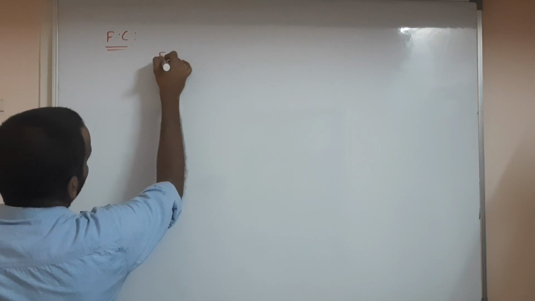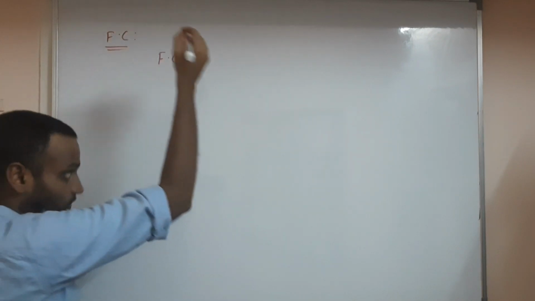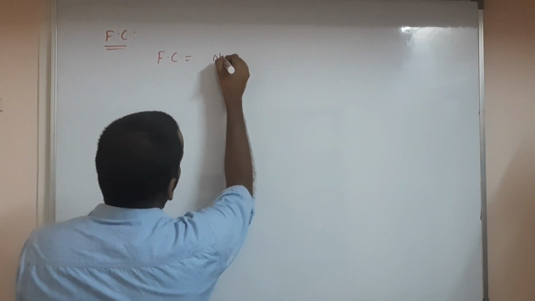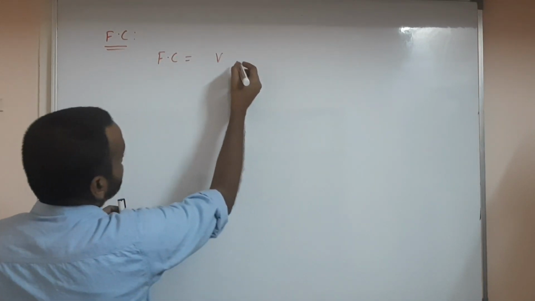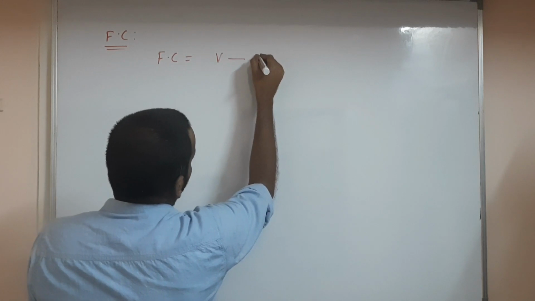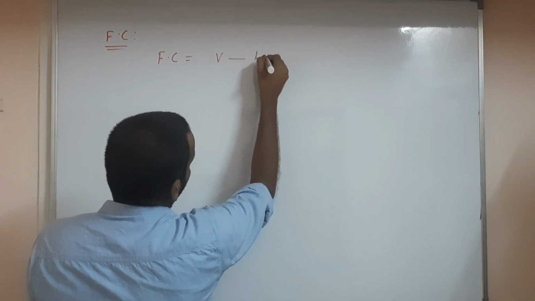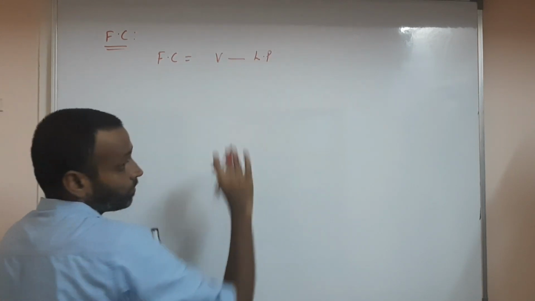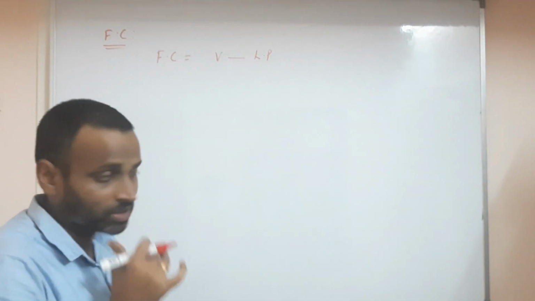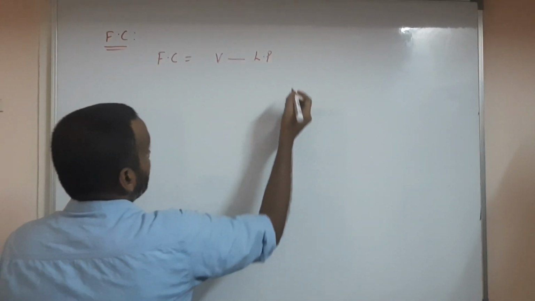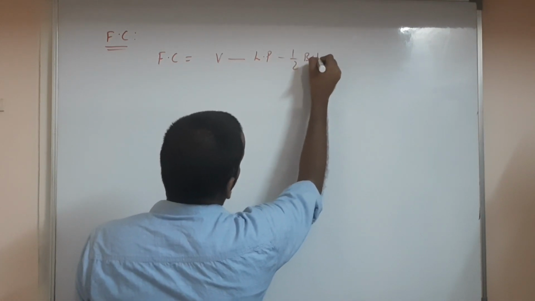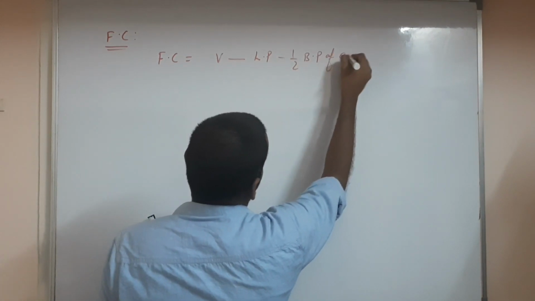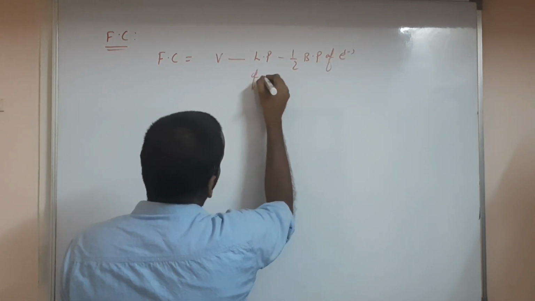How to calculate formal charge? Formal charge is the number of valence electrons, minus the number of lone pair electrons, minus half of the bond pair electrons.